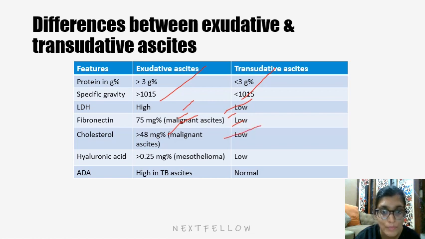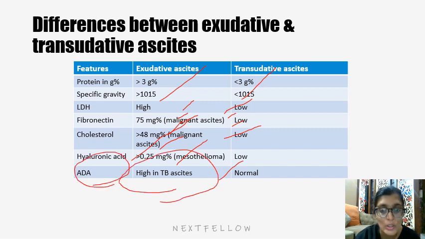Cholesterol is low in transudate, whereas it is high in exudative ascites. Hyaluronic acid is more in exudative ascites and low in transudative ascites. ADA is high in tuberculous ascites and low or normal in transudative ascites.